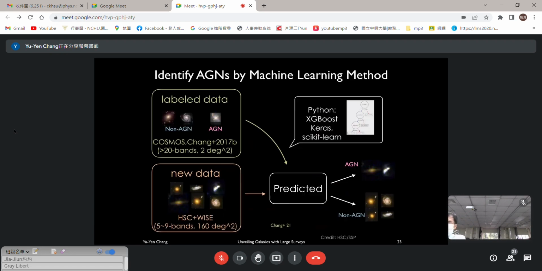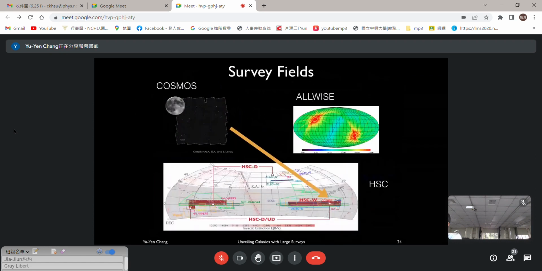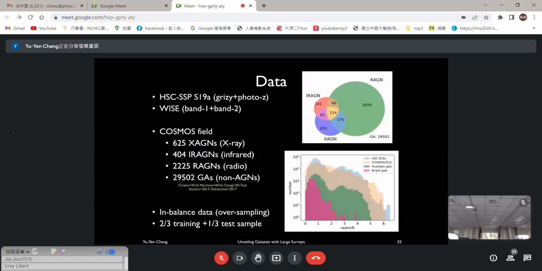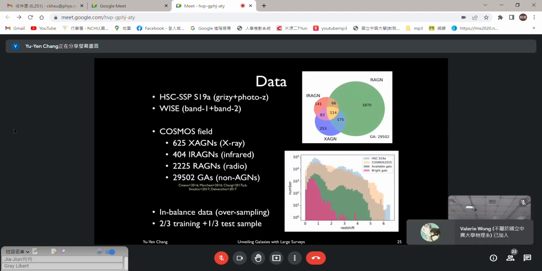So we are able to use our model to apply the smaller field to larger fields to know whether galaxies are hosted by an AGN or not. The input data are the SHC and the WISE data.